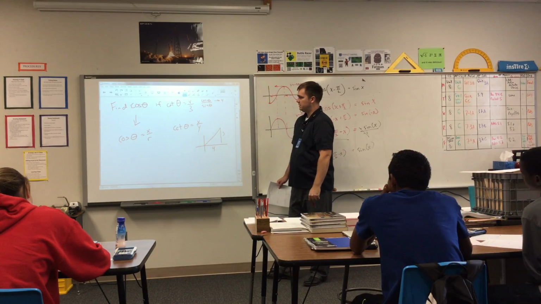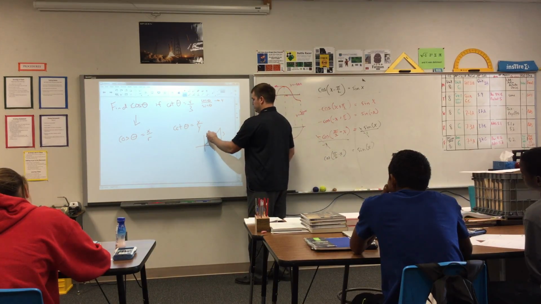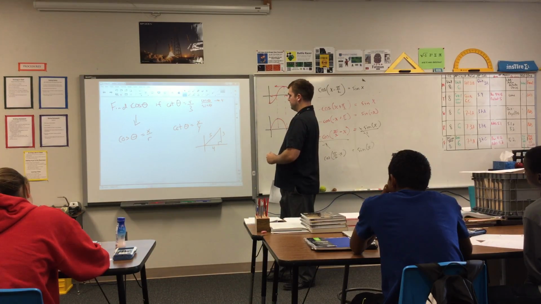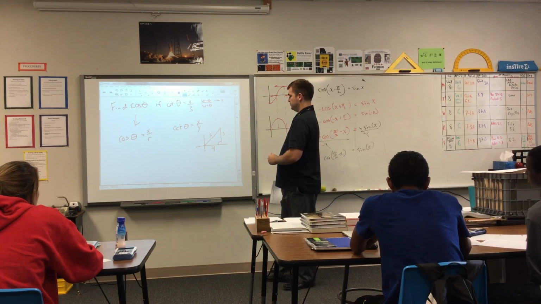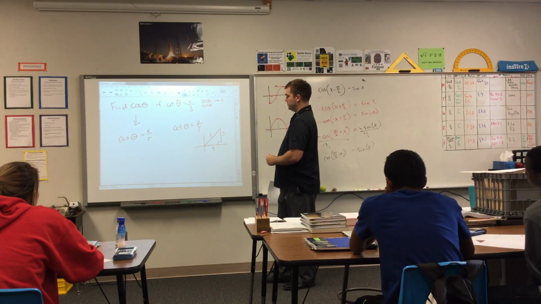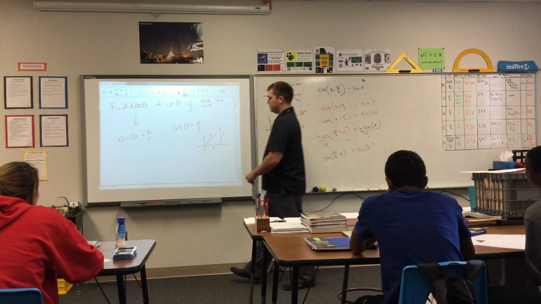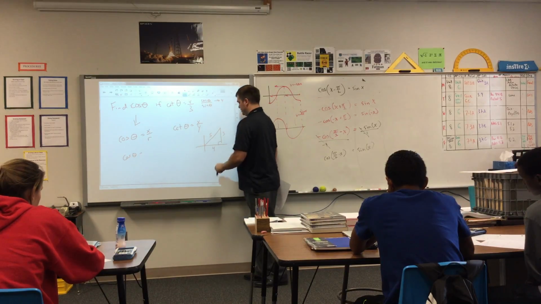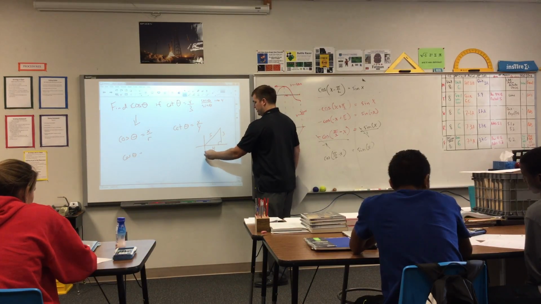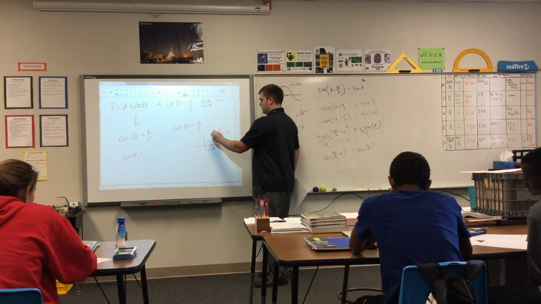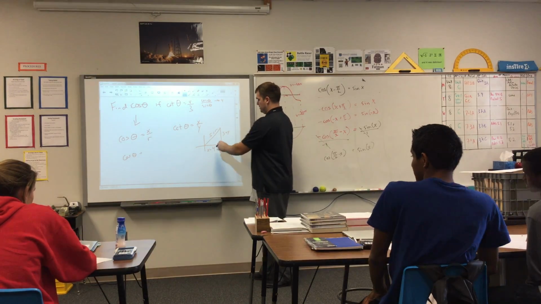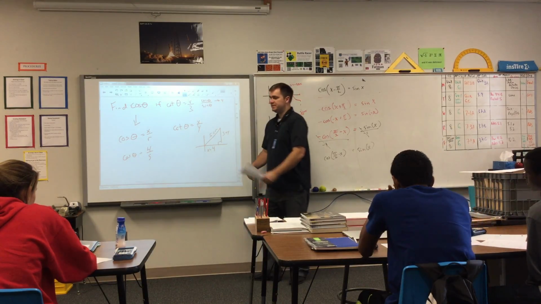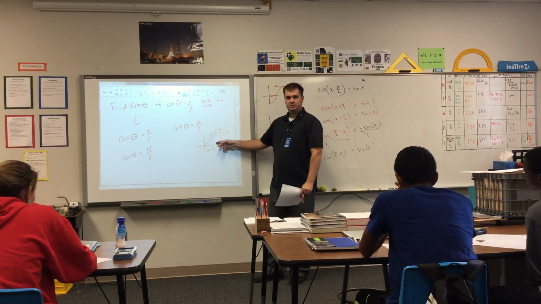It's a 3, 4, 5 triangle. So cosine of theta is x over r, so that's great. So this is our x, this is our y, so this is our r. So it's going to be 4 over 5.